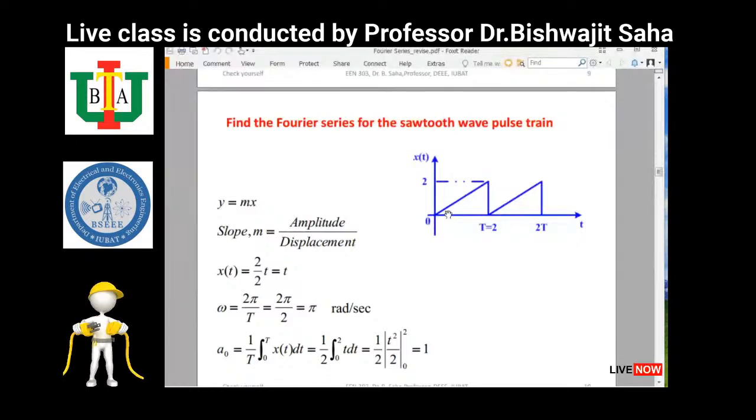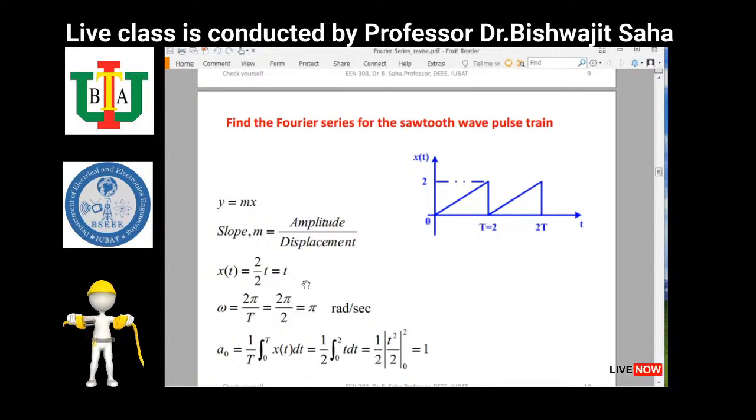So in this case, the function of the signal has changed. To find the function, it is dependent on time. We write y equals mx, that is taken when C is 0, where m is the slope. To find the slope, we take amplitude divided by the respective time or displacement.